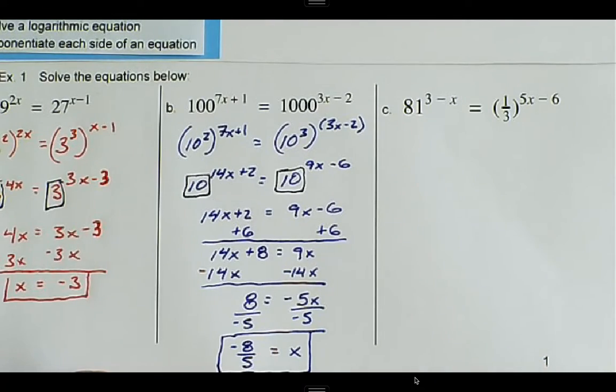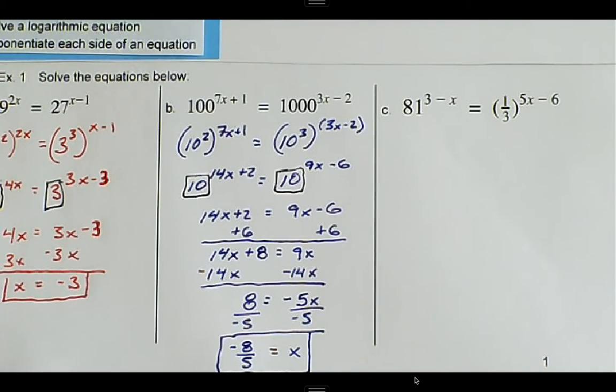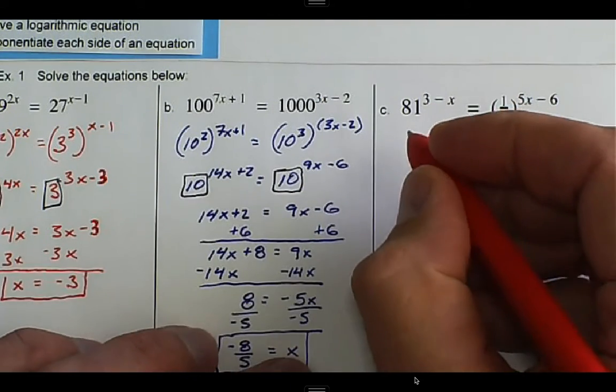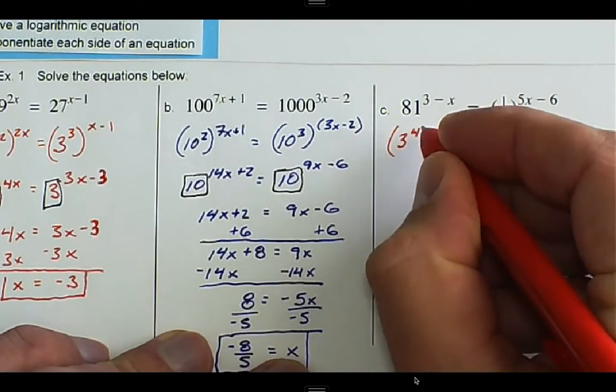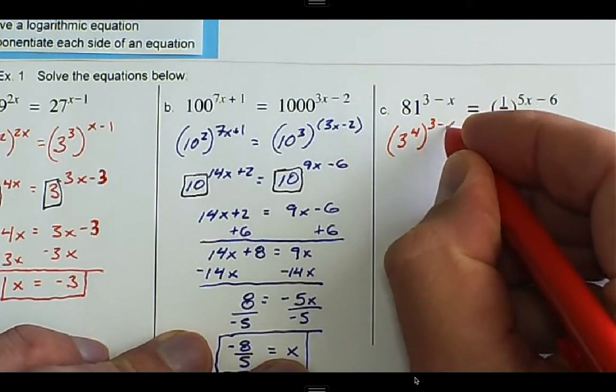And then the last one we can take a look at, we have 81 and 1/3, and both of those can be written as powers of 3. So we can write 81 as 3 to the 4th raised to the 3 minus x power.